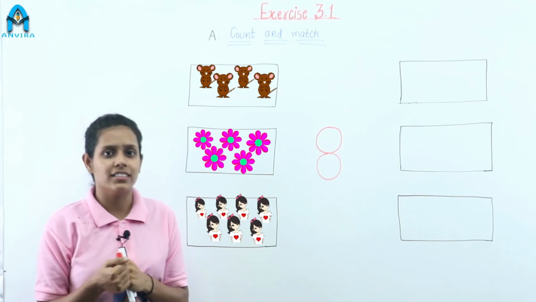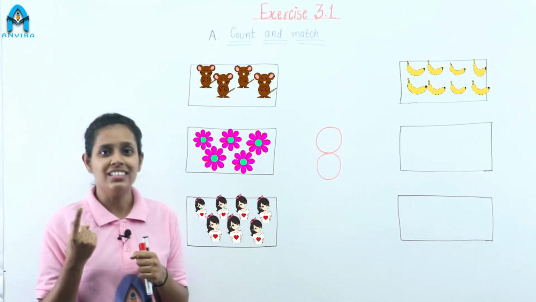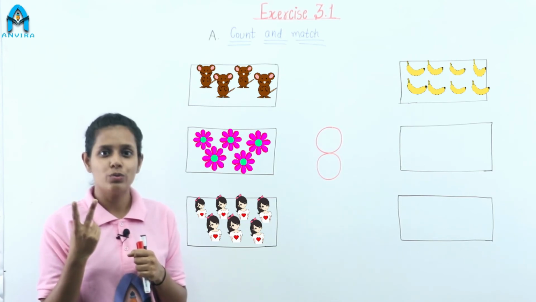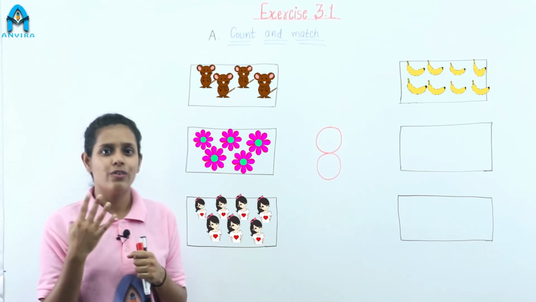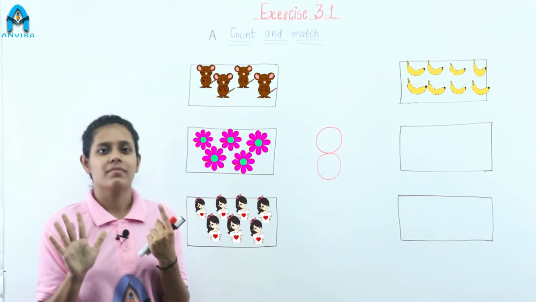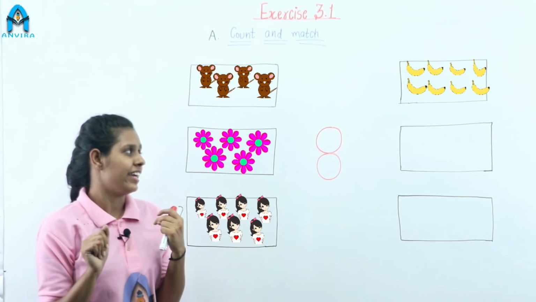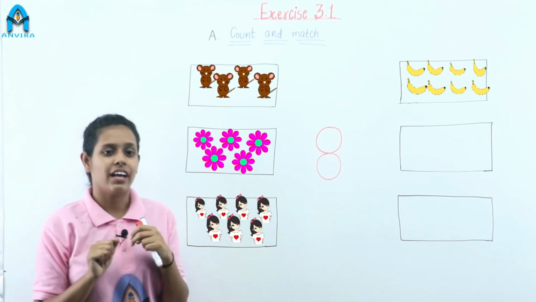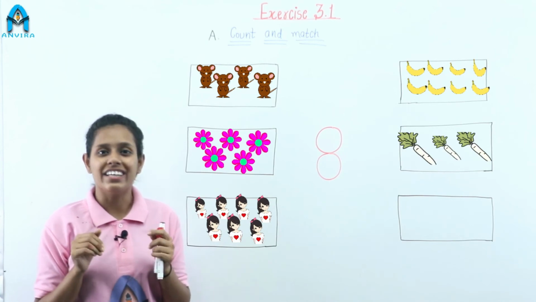Row bananas. How many row bananas? Let's count. 1, 2, 3, 4, 5, 6, 7 and 8. 8 bananas. Now next picture. What do you find? Radish.